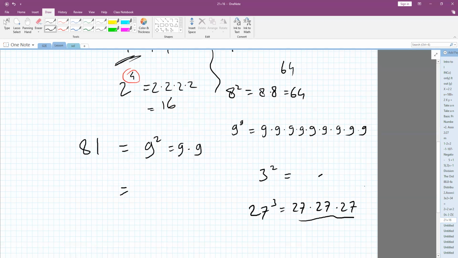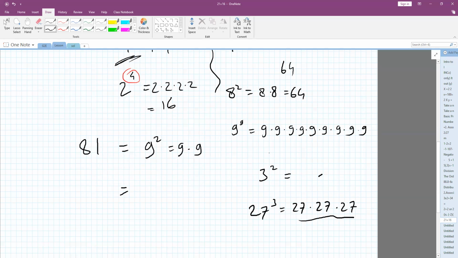When you multiply them, see what we get here. 27 times 27 times 27 is 19,683. So that's not 81. Okay. So actually you are in the right direction, but here comes again the confusion part when you have 27.